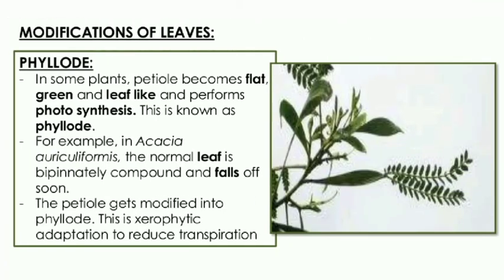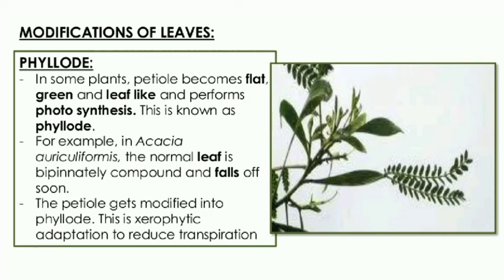Lastly, phylloid. We have seen phylloclade in case of stem modification, in Opuntia, and cladode in asparagus. Here phylloid means a leaf-like structure formed by other parts.